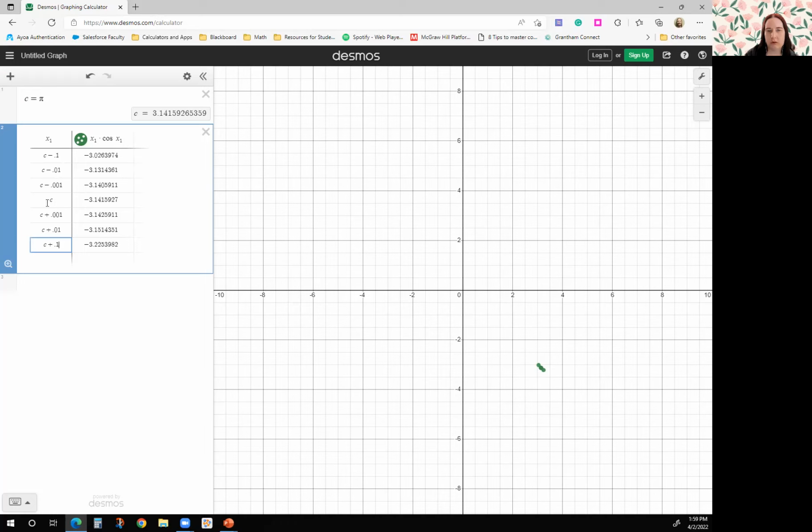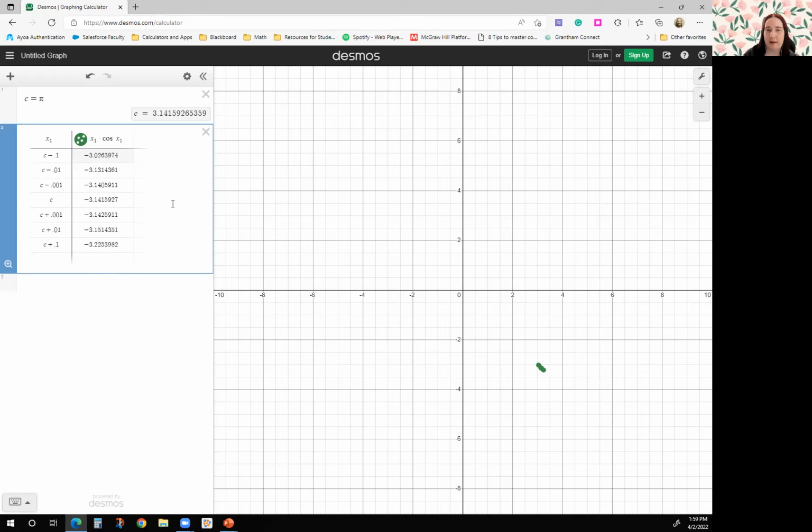You're interested in what is happening at C, but you want to see what happens nearby in case it has a vertical asymptote. And so you can see that as we approach C from either side, the numbers do approach pi. It's not exactly pi, but it's close to pi.